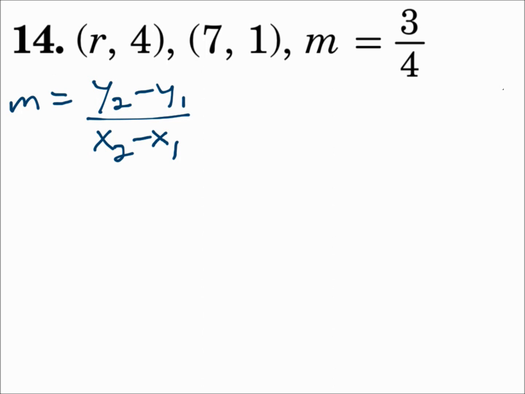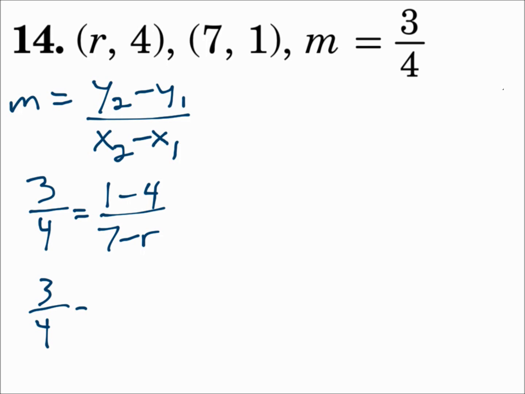For number 14, let's substitute in and find r. m is 3/4 equals y2 is 1 minus y1 is 4, all over x2 is 7 minus x1 is r. That's the second y minus the first y over the second x minus the first x.